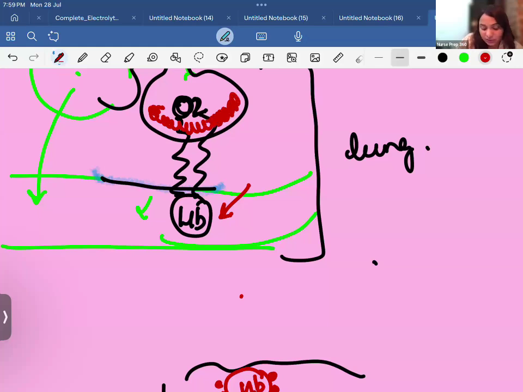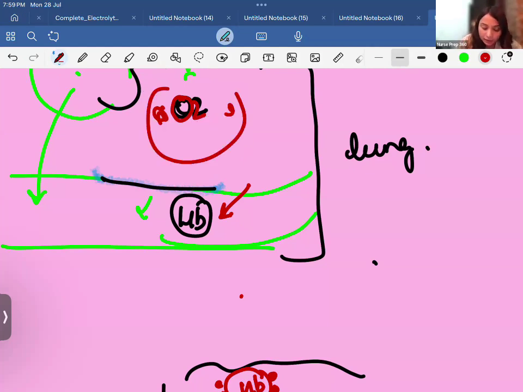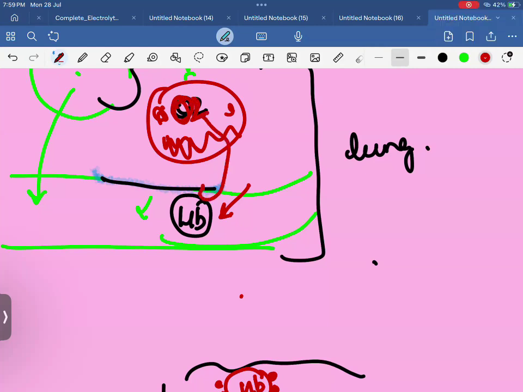Transudate and exudate fill up the airway. This thickens the area between your blood capillary and the alveoli, so it becomes very difficult for oxygen to combine with hemoglobin. So there will be a decrease in perfusion.